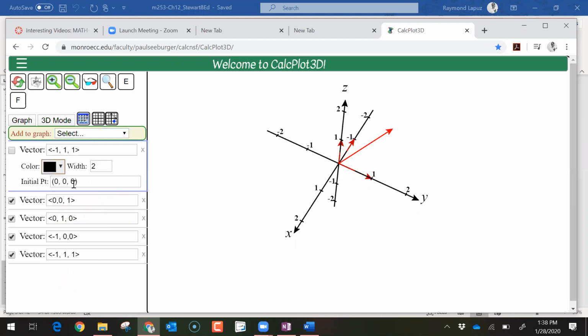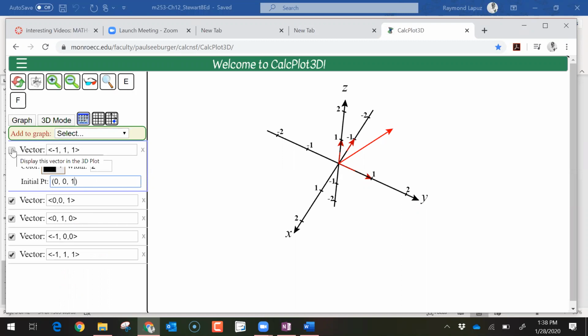So I'm going to have it go from the z-axis, and then I want it to be parallel to the xy plane going along the y-axis.